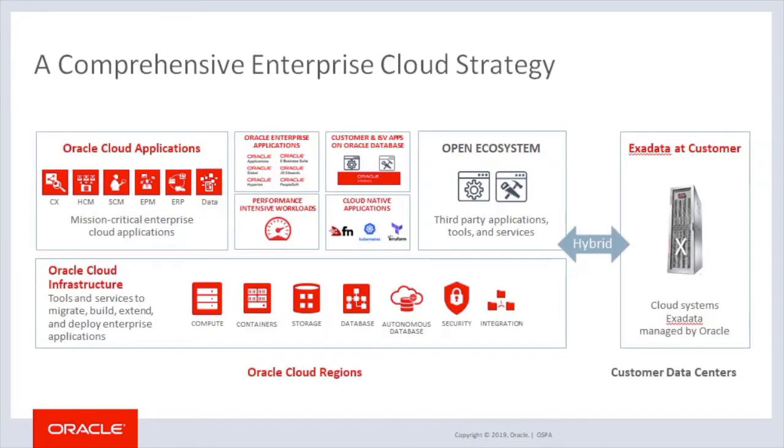Our approach is extremely comprehensive. Our cloud infrastructure provides all the core services to build and deploy production applications. Oracle has been building our PaaS services on our own infrastructure. Services include compute, containers, storage, database, autonomous database, security, and integration. We also have an extensive SaaS offering including CX, HCM, SCM, EPM, ERP, and data as a service.